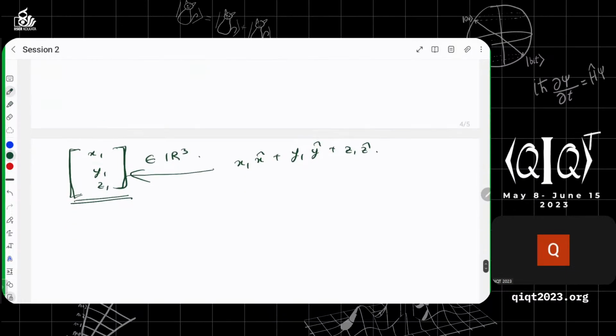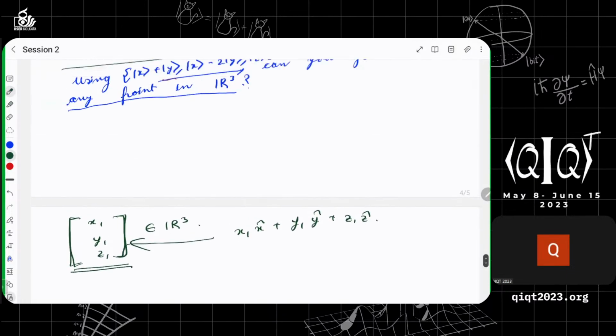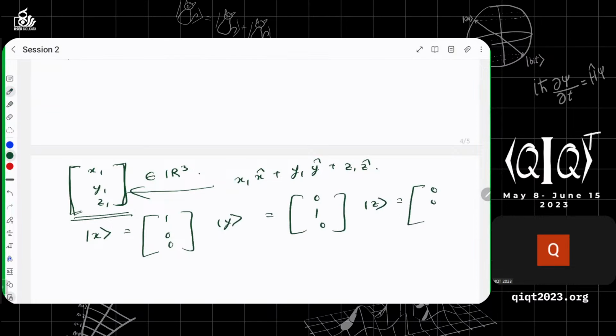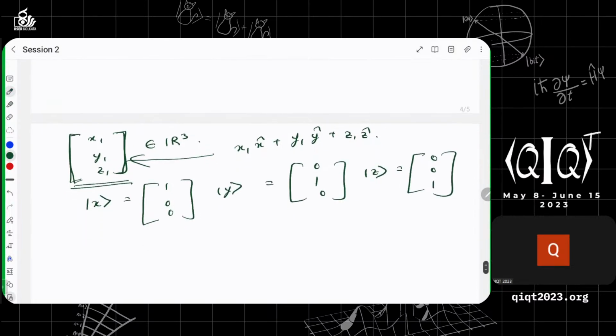So let's try to calculate what these vectors are like in terms of column matrices. So x, remember, is just 1 0 0, y is 0 1 0, and z is just 0 0 1. And so the three vectors that we have taken are x plus y.